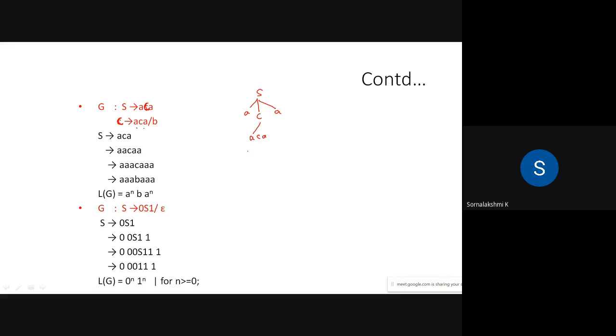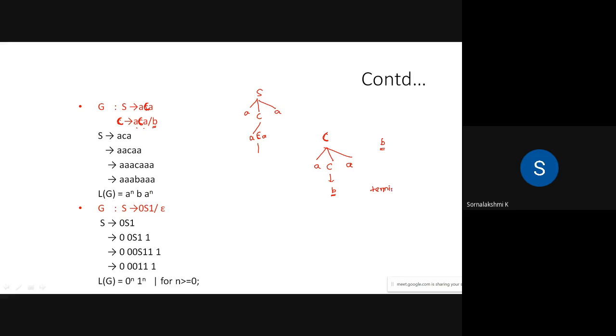When you try to do it, you can see what happens. Then I can replace this capital C again with aCa or b. When I keep replacing, you will see this pattern. Since C can be replaced either with aCa or with b, only when I substitute b last will the final string have only terminals.